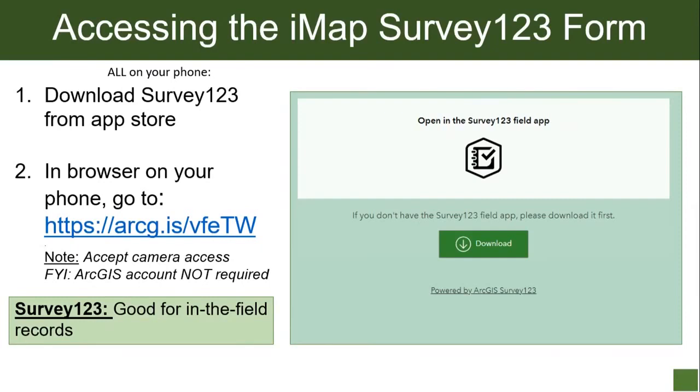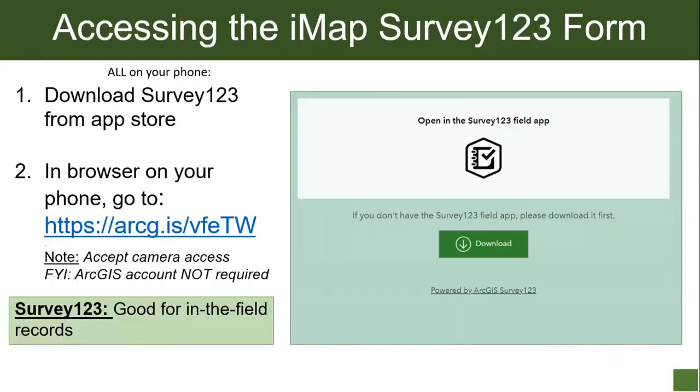So open up the browser on your device and go to the URL listed on the screen. You can also find the URL on our setup guide at NYIMapInvasives.org/training. And so when you go to that URL, it will bring up a page that looks like the screenshot on the right-hand side of the slide.